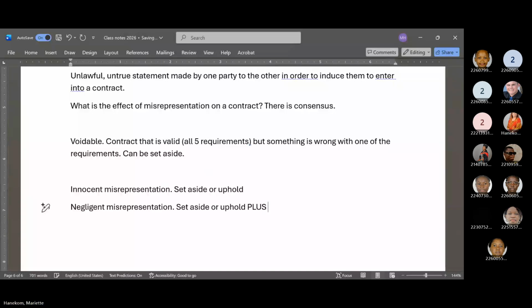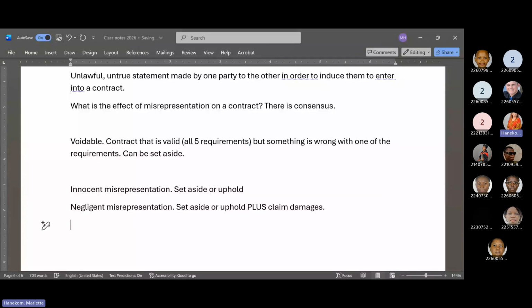Plus, she will have a claim for damages if she can prove that she suffered damages. So if the car died on her when she was in Okahania and she had to get a taxi to get back to Windhoek, she can claim that from me.